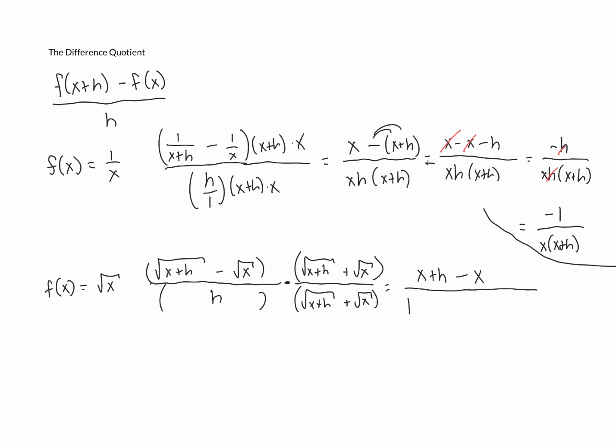In the denominator, we have that h times the square root of x plus h plus the square root of x. And then in the numerator, we can see that the x's are going to cancel. X minus x is 0. And so we've got just h in the top, and then we've got h times that whole quantity on the bottom.